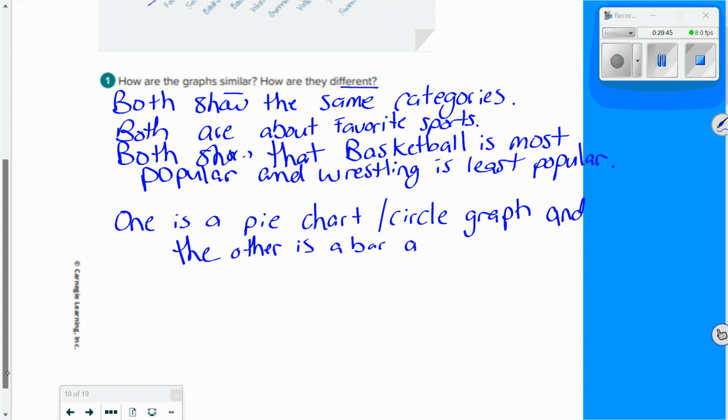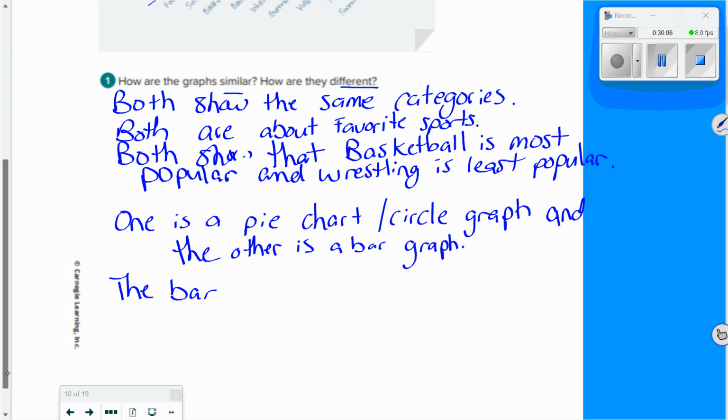All right, how are they different? Which one? The circle or the bar?